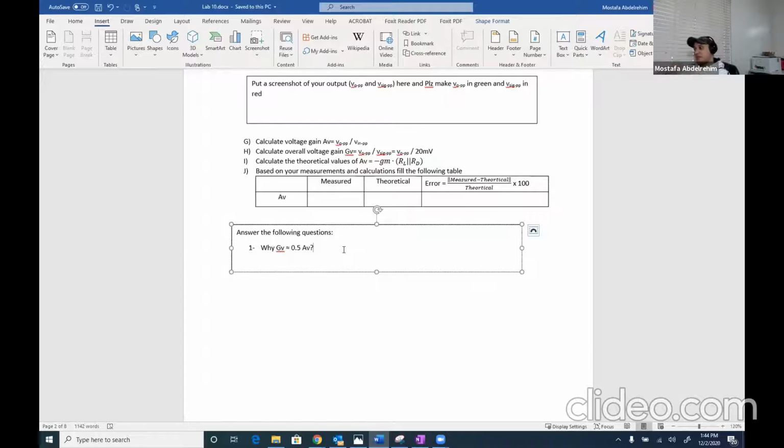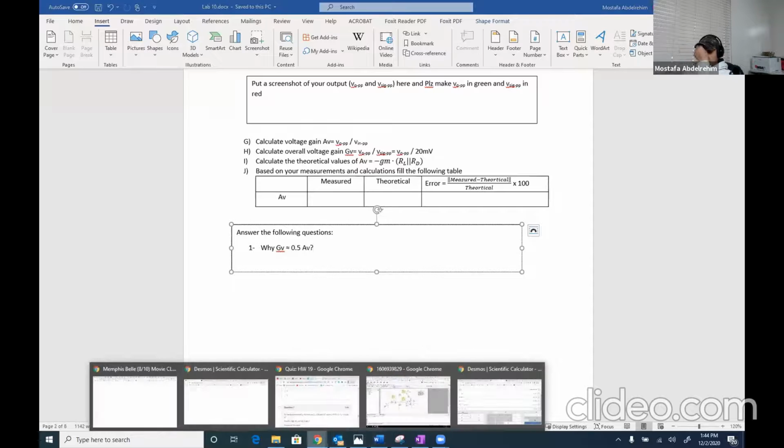Of course if our input is much larger than our signal, then GV will be approximately equal to AV. Okay, good. So let's do the circuit now.